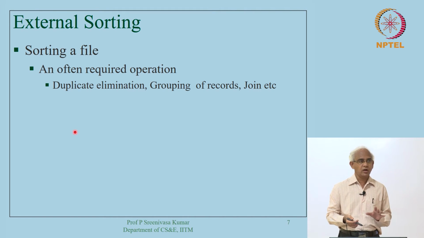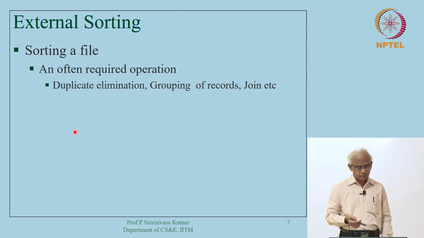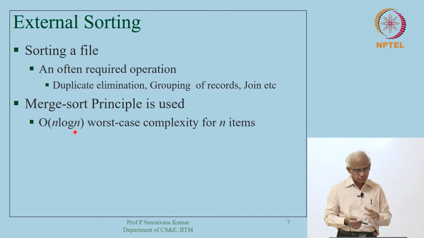First, let us focus on external sorting. External sorting involves a huge file which is disk resident, and you are given some attributes for comparing the records, and you have to sort them in increasing order of those attributes.